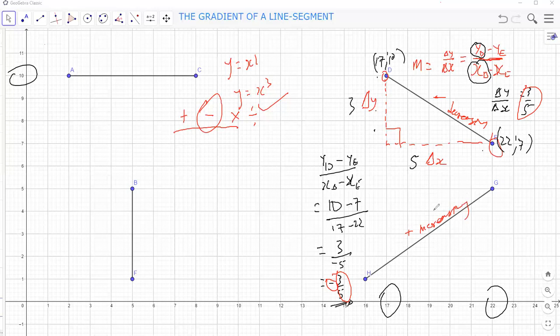Let's go back to the definition. We said rate of change, meaning the rate of change here is decreasing, and the rate of change here is increasing. That is just what the sign says. The sign says the rate is either increasing or decreasing. So when the sign is negative, we know the rate is decreasing. When the sign is positive, we know the rate is increasing.